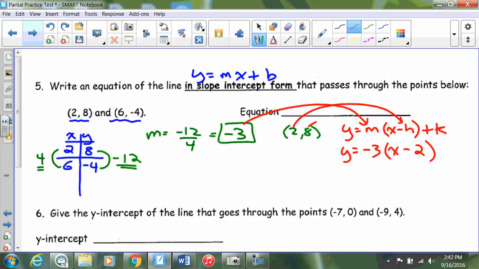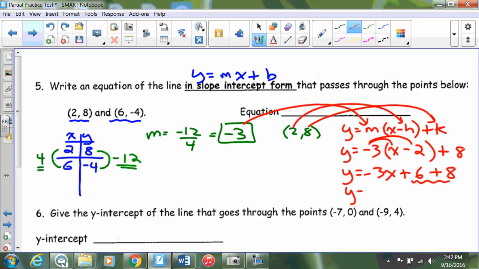And when we see a k, we're going to plug in an 8. Now we're going to do what we do best, distribute, distribute, and bring down the plus 8. And the last step is we combine our like terms, and we have the equation of the line that goes through the 2 points that they gave us.